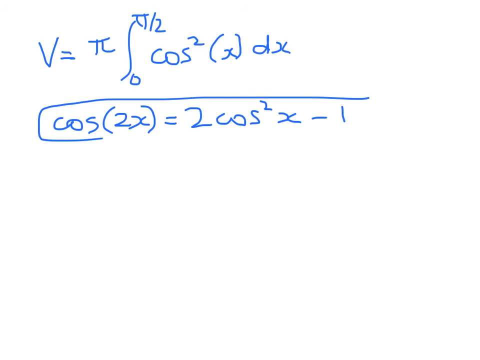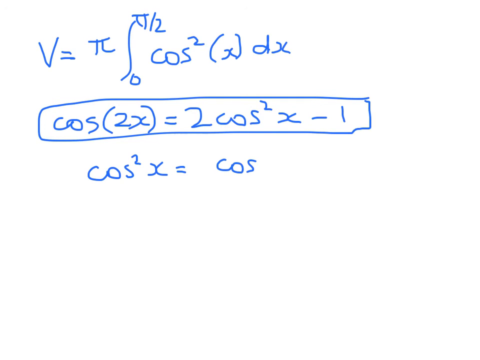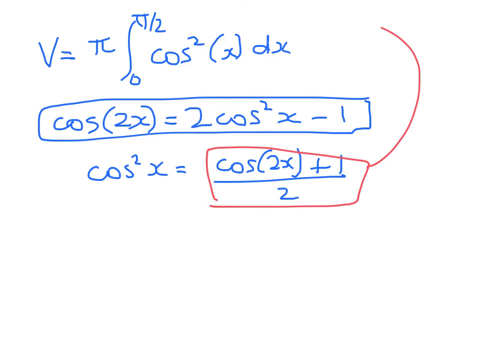Right, so you're going to be using that in this question. We want to rewrite that with cos squared x as the subject. So we're going to have cos squared x equals cos of 2x plus 1 over 2. Right, now we're going to take this and we're going to pop it into here, and we'll be done very soon.